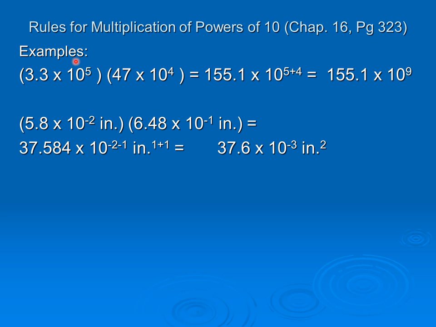You first have to multiply 3.3 and 47. If you multiply 3.3 and 47, you get 155.1. But for the exponent, we just add the powers.